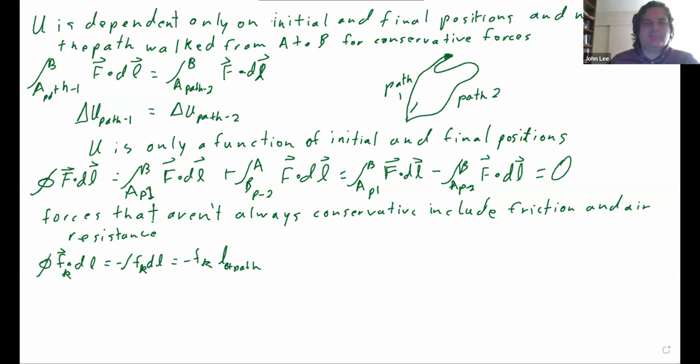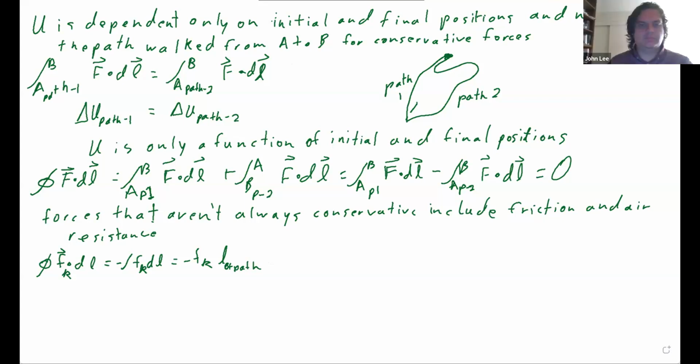Do you have any questions about this path dependence and conserved versus non-conserved forces? Professor, yeah, so this equation at the very bottom here, this is specifically in the case of forces that aren't conservative, correct?